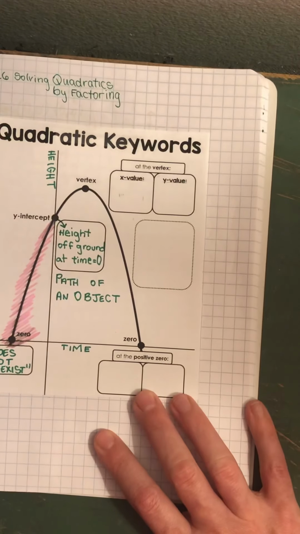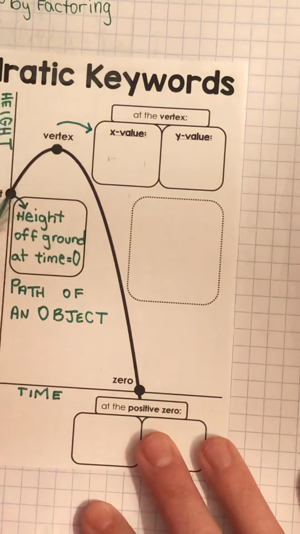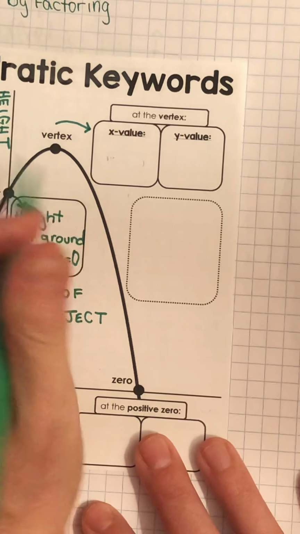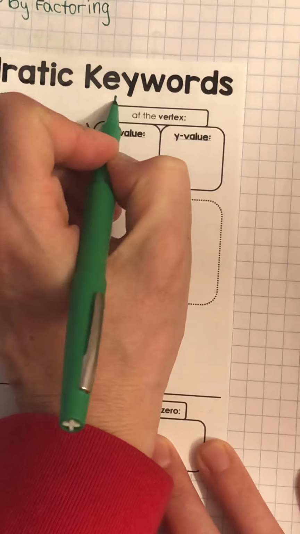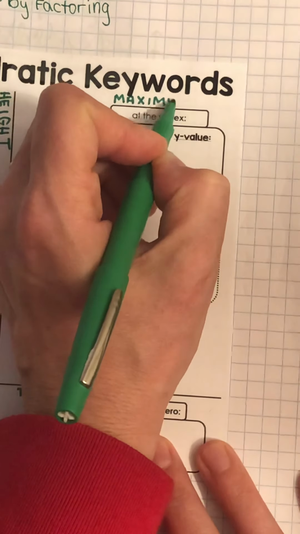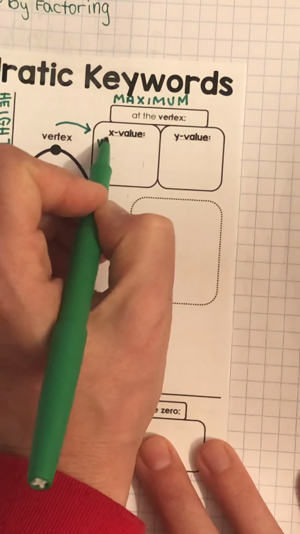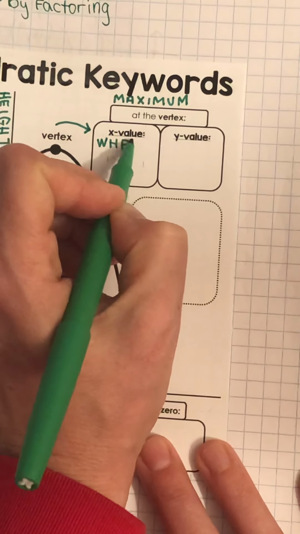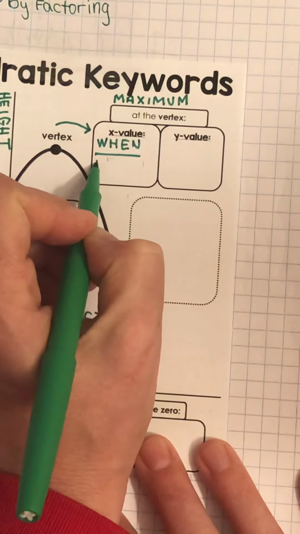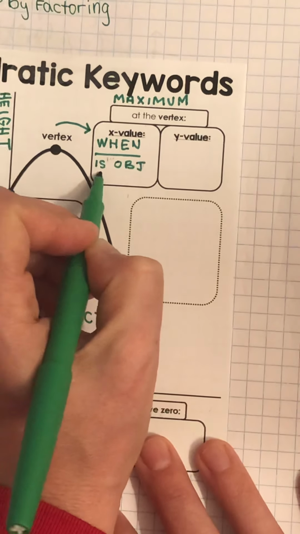Let's talk about at the vertex. So at the top point, this is the maximum right here. This is a vertex that's called a maximum because it's the highest point. And so this tells me when is the object highest.